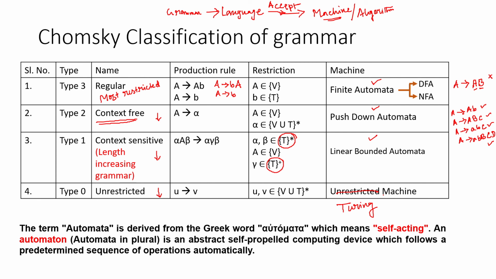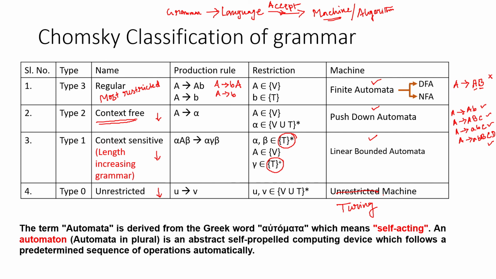And one thing, automata is a plural term. The singular term of this machine is called automaton. Anyway, we use automata or automaton interchangeably throughout the course. There is no difference we generally consider between these two words.